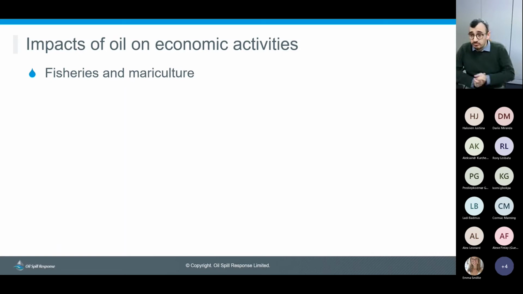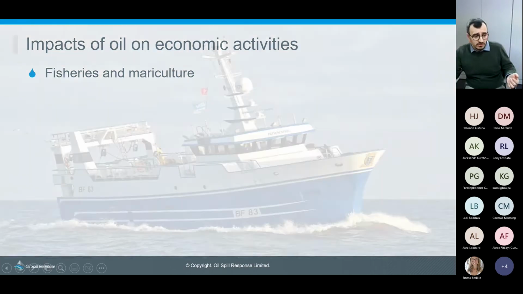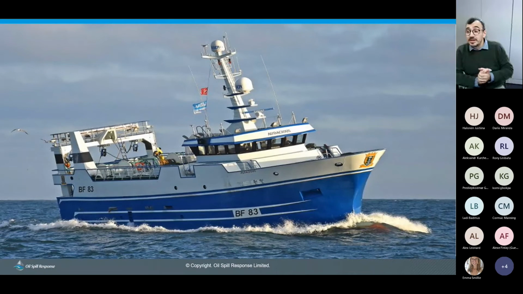Okay, as you've all rightly identified, fishing activities can take various forms. We could be looking at impacts to catching wild fish populations caught via trawling, purse seine fishing, or other similar methods.